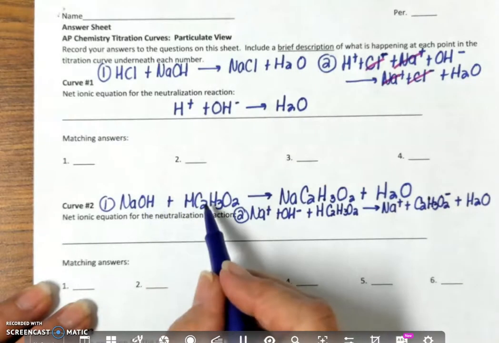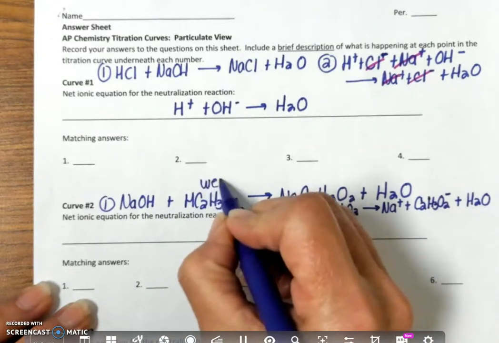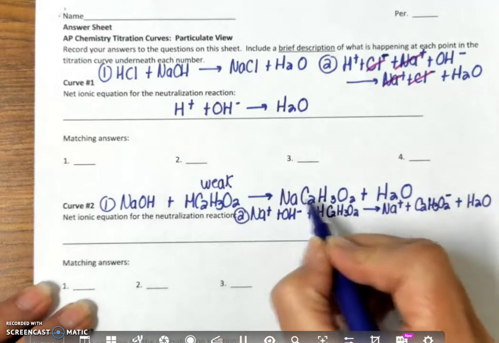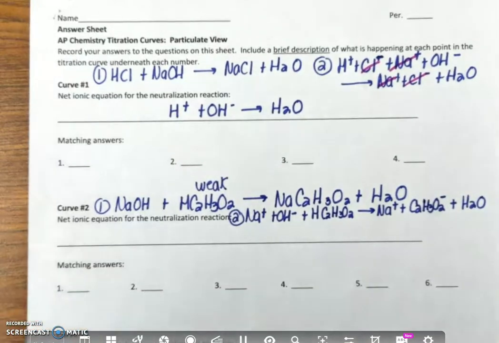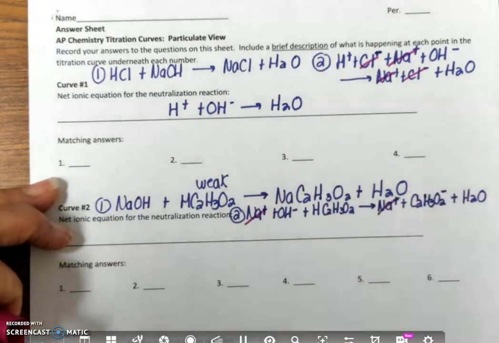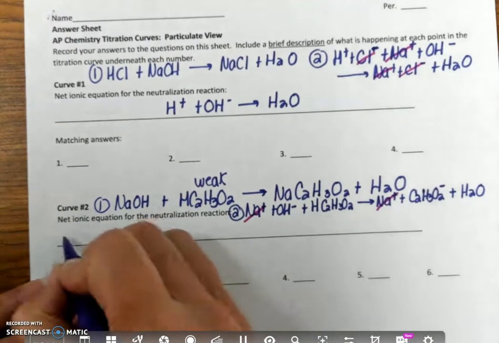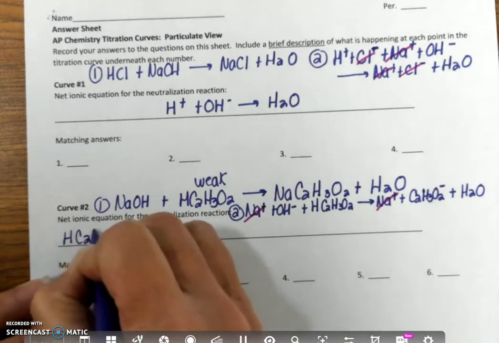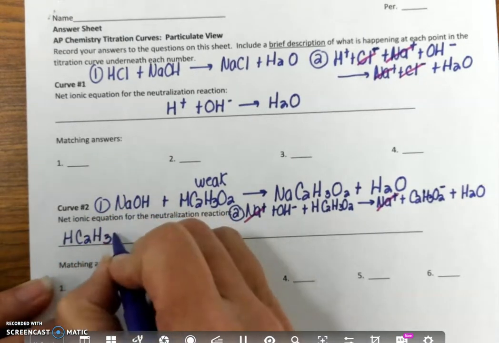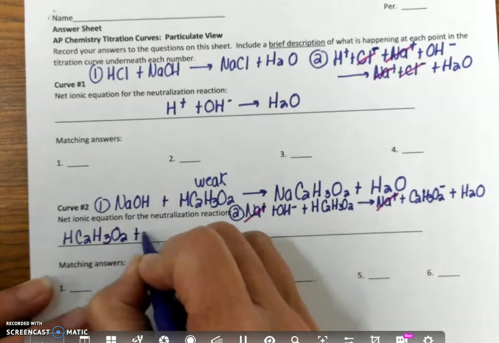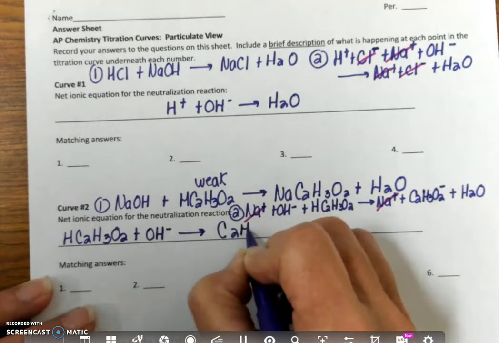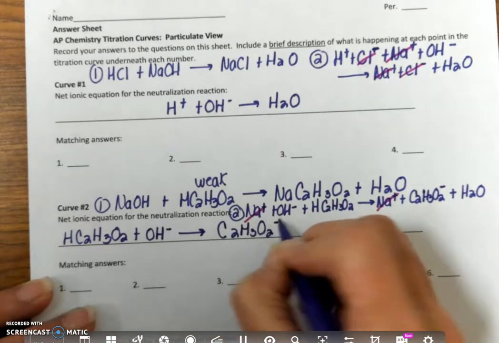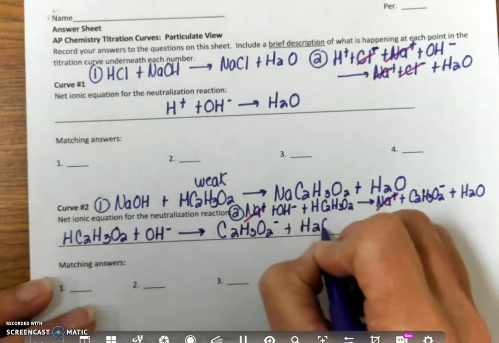So this dissolves, this does not, because that's weak. That dissolves because that's a sodium salt with a NAP, and then there's water. So I go through, I get rid of my sodiums, and that's it. So my net ionic equation, HC2H3O2 plus OH minus gives C2H3O2 minus plus water.